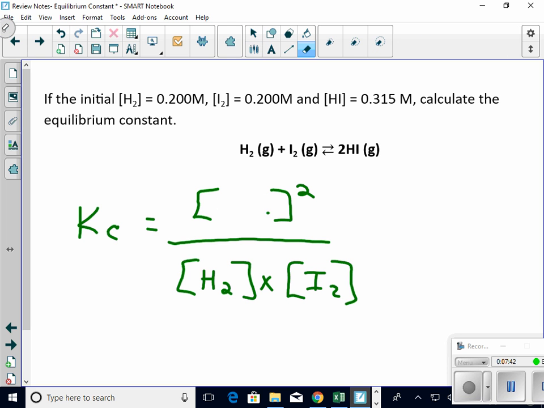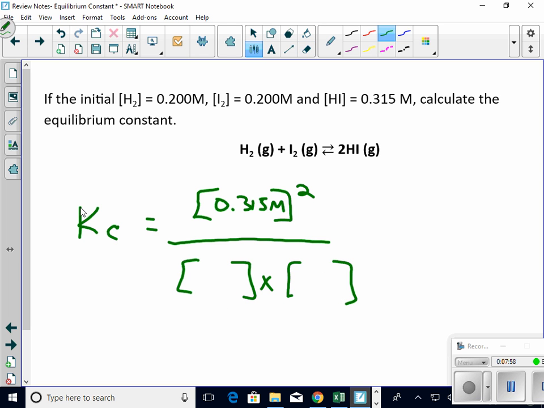So my concentration of hydroiodic acid is 0.315 molar. My concentration of hydrogen, I guess I used first, is 0.200 molar. My iodine is 0.200 molar.